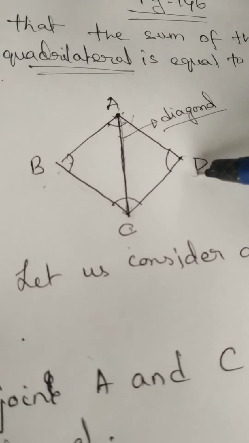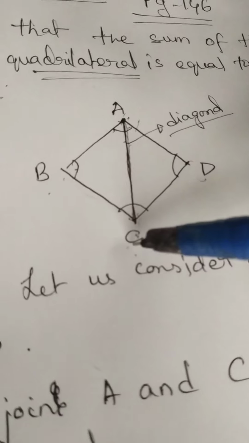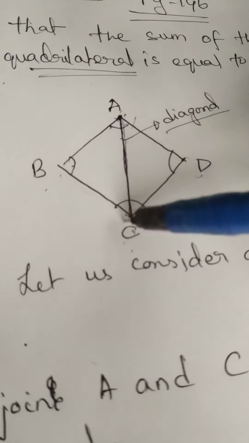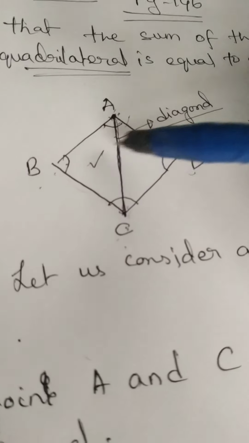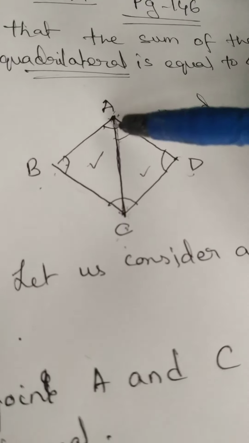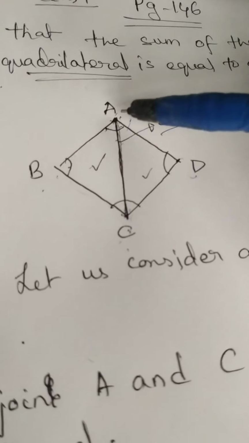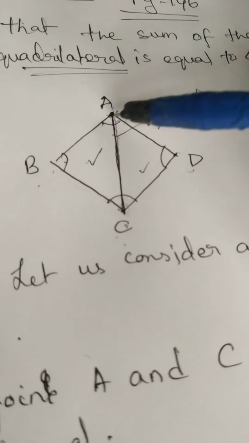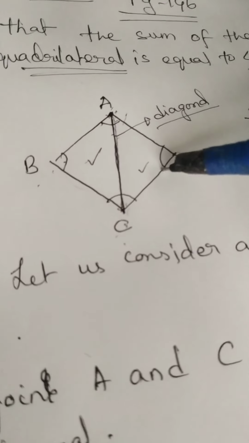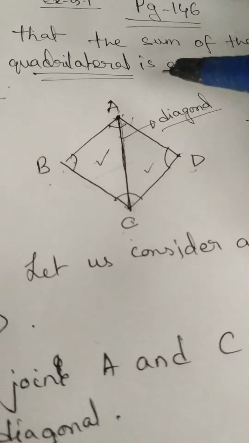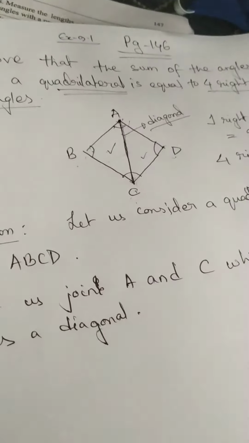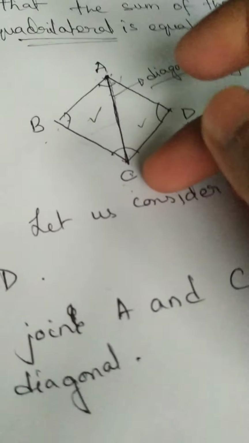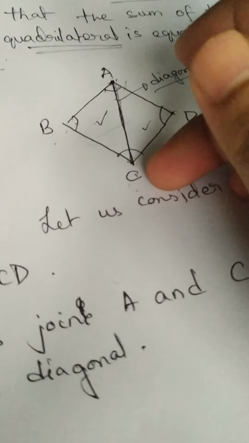Similarly, A, C and D is a triangle, right? So if we join the opposite points of a quadrilateral, we will always get two triangles, ABC and ACD. Now we already know that the sum of the angles of a triangle equals 180 degrees, right?